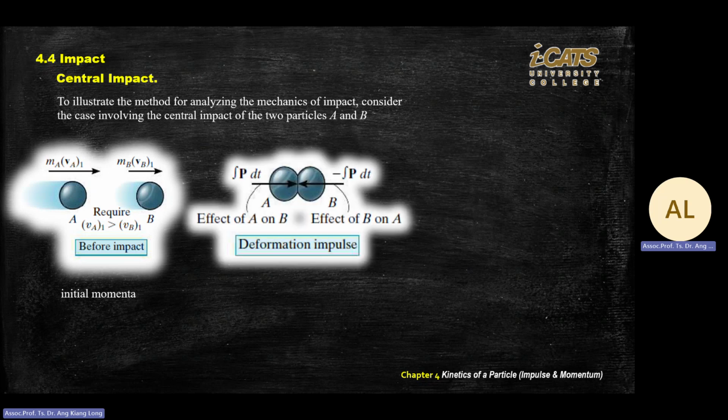When A chases B and they bump together, the phase is called deformation or the impact scenario. When two objects meet, the form is a bit squeezed together, not round anymore.